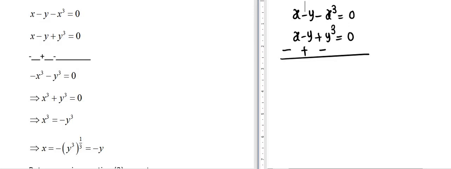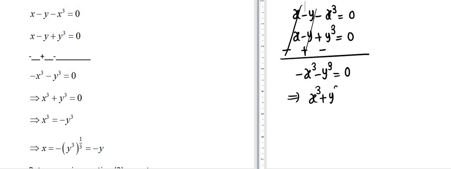Subtract. Cancel. Next we are going to get minus x cube minus y cube equal to 0. Multiply with minus 1. X cubed plus y cubed equal to 0. X cubed equal to minus y cube.